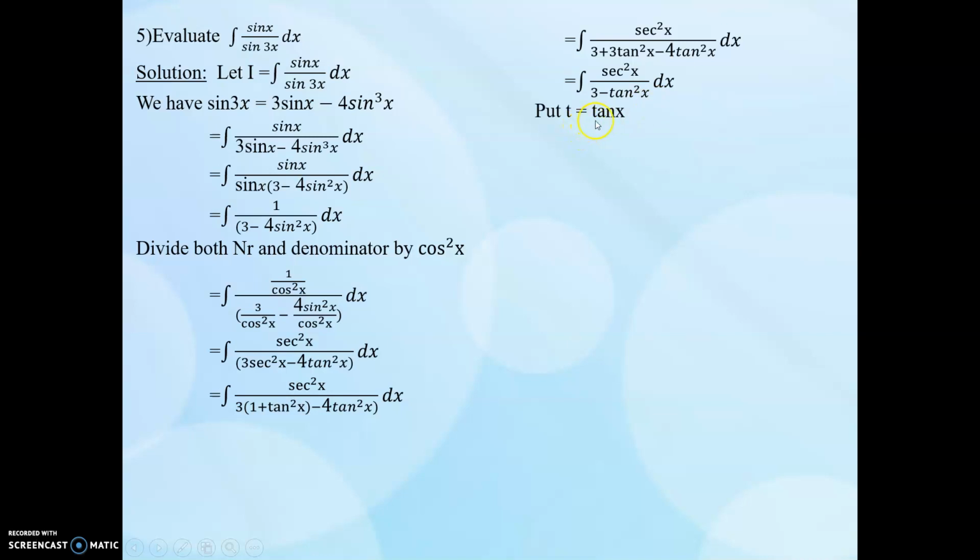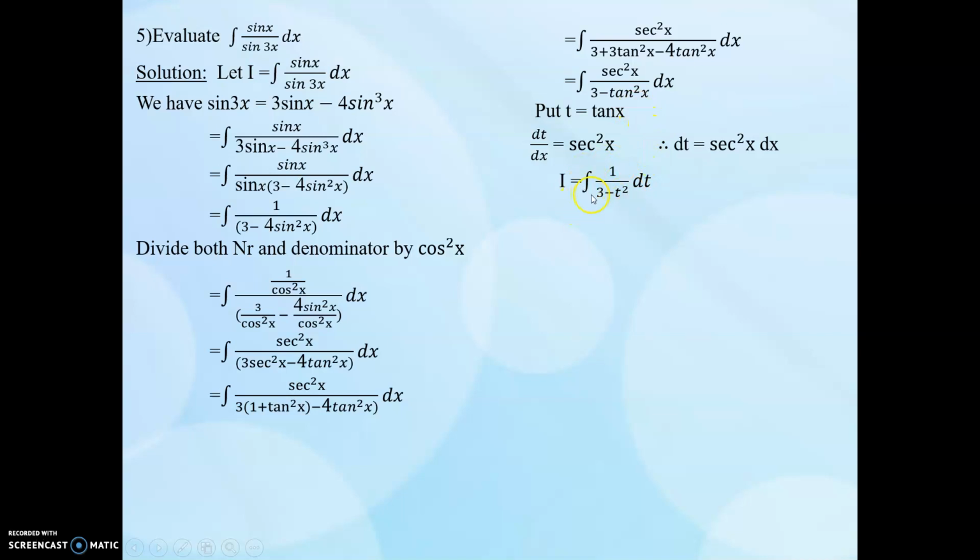So put t is equal to tan x. This is the substitution method we are solving here. So if you are giving t is equal to tan x, dt upon dx is equal to sec square x. So therefore dt is equal to sec square x dx. So this function I will become, I is equal to integral 1 upon 3 minus t square dt.